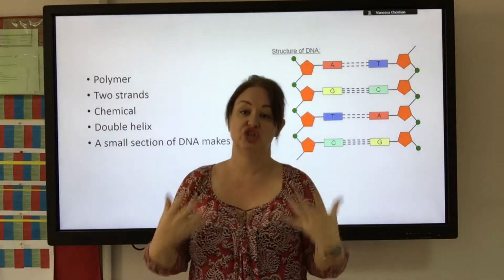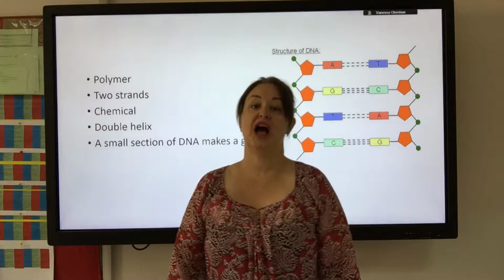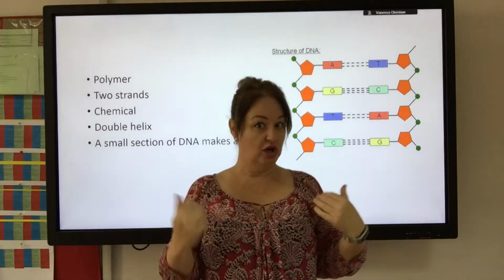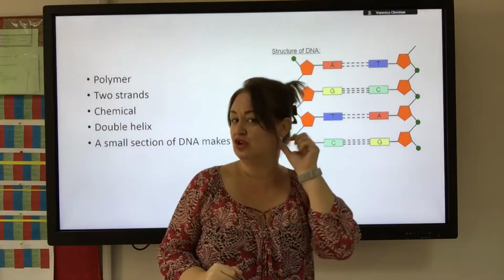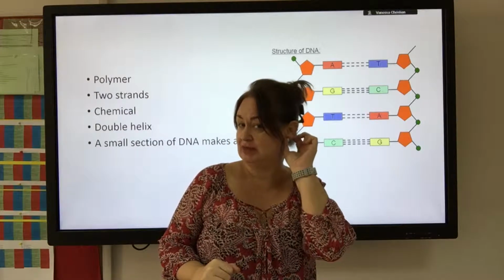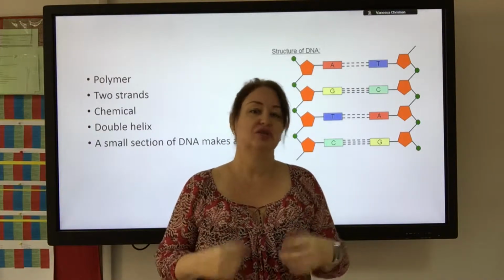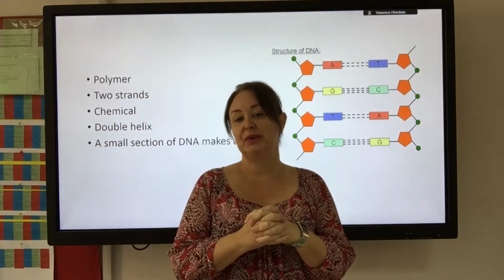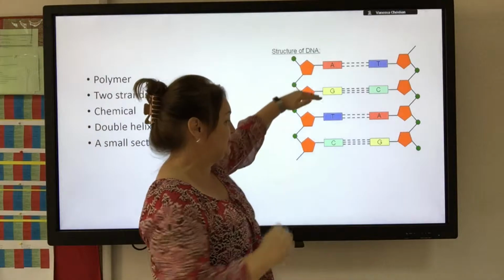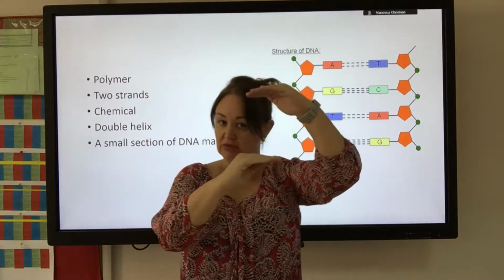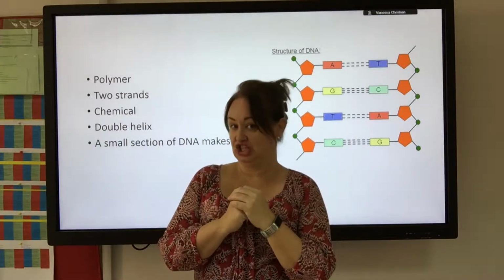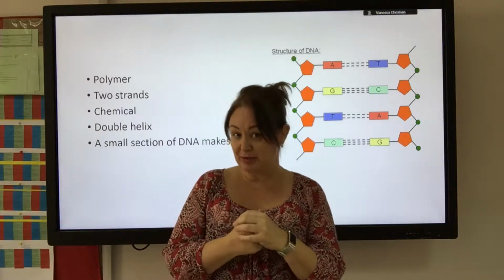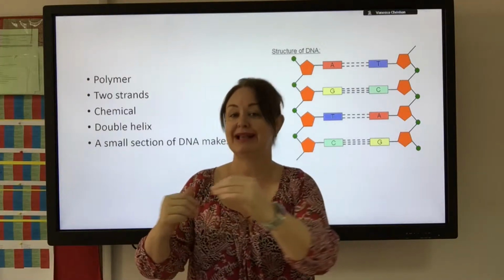Now, a small section of that chromosome will make a gene. And you have genes for eye colour, you have genes for whether you can roll your tongue or not. You have genes for your earlobe attaching, all the things. You have a gene to make an enzyme, you have a gene to make a hormone. And so each section of a chromosome is a gene, and that is a code. Just like a recipe book is the code to make a cake.